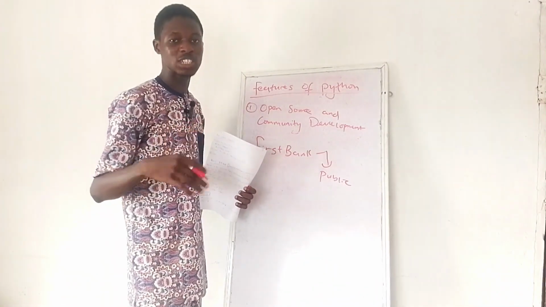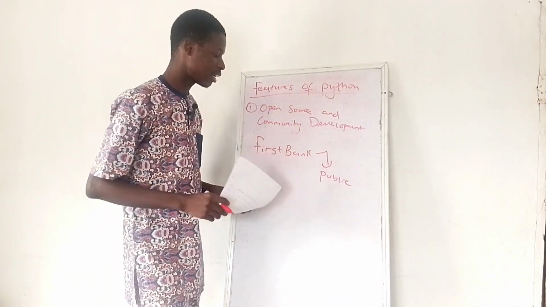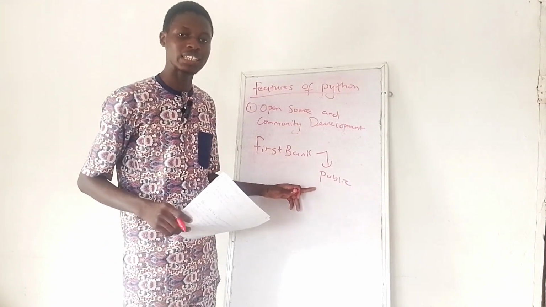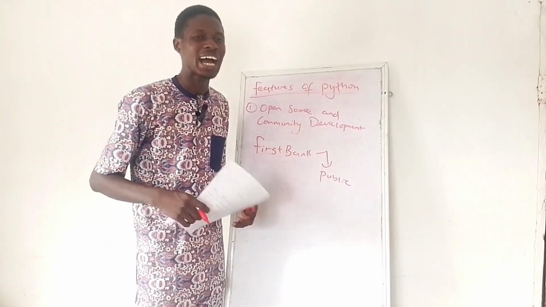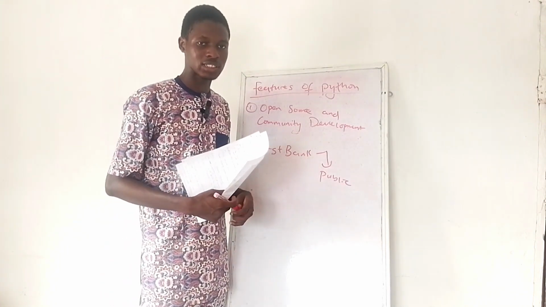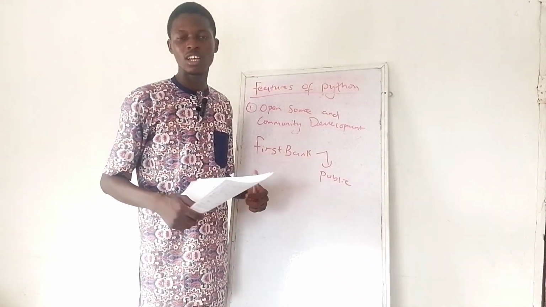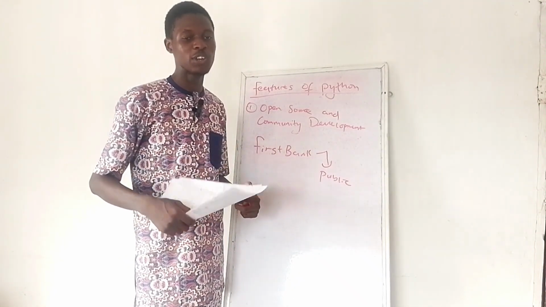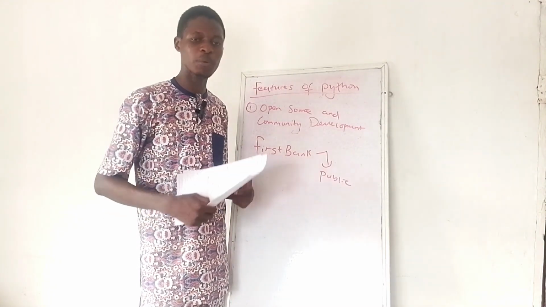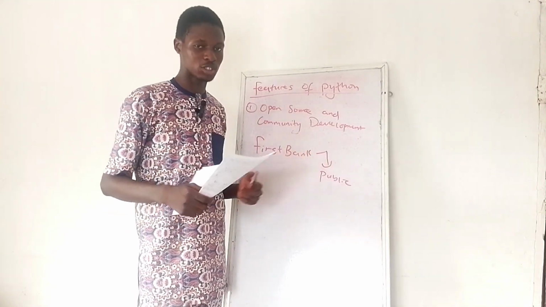What it means to make the code public is that they will make it public such that anybody can come and add something to it, right? In some code or program, it might not be perfect, and we know things more than each other. So anybody can just come and add something to it.